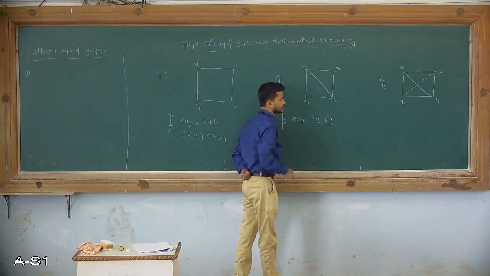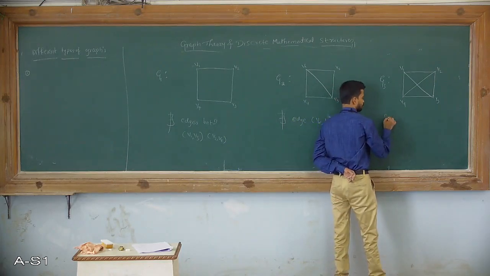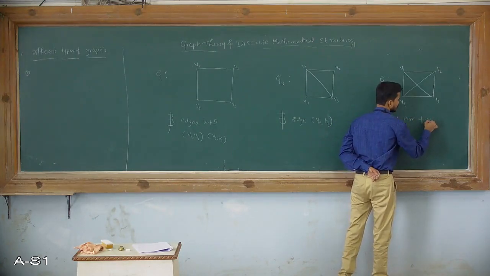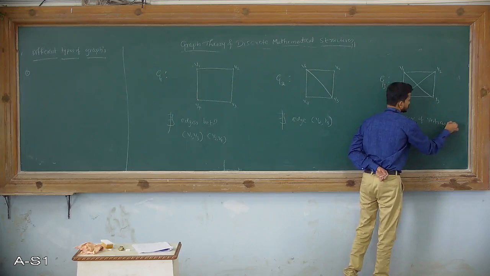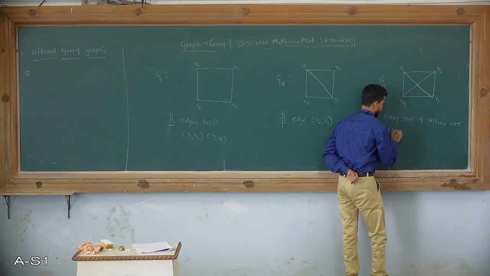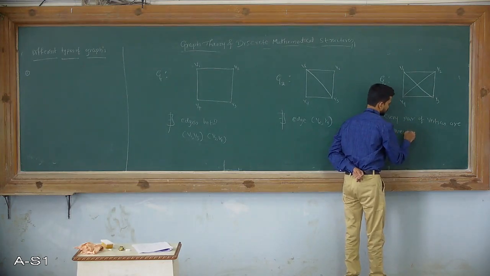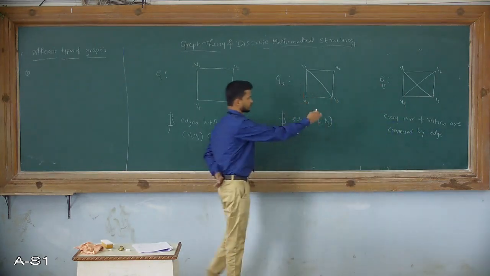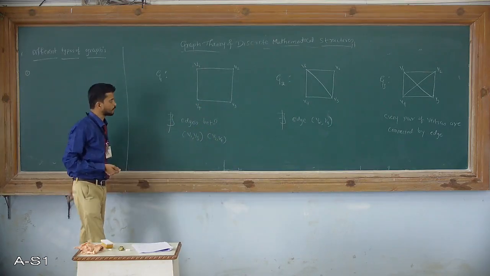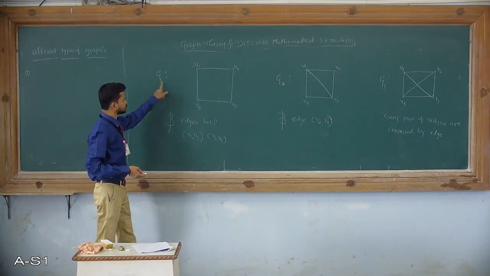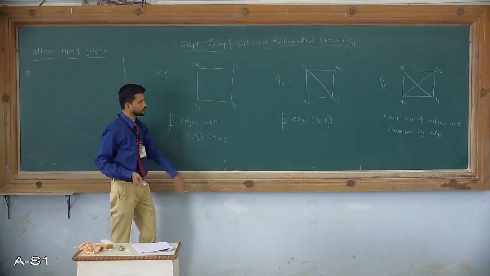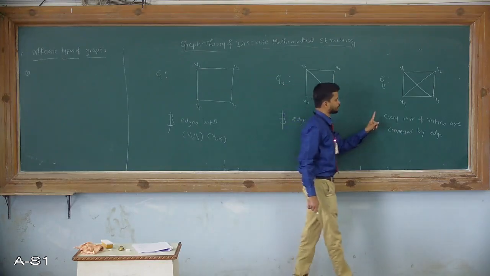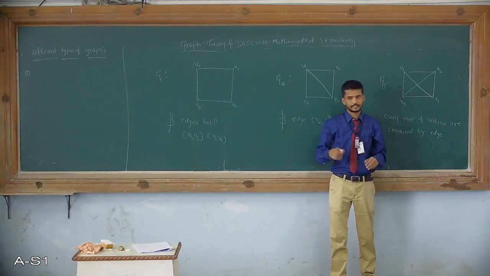But in this graph, every pair of vertices is connected by an edge. So if you observe these graphs G1, G2, G3, here there is no edge between V1, V3 as well as V2, V4. Similarly, V2, V4 are not connected, but here every pair of vertices is connected by an edge.